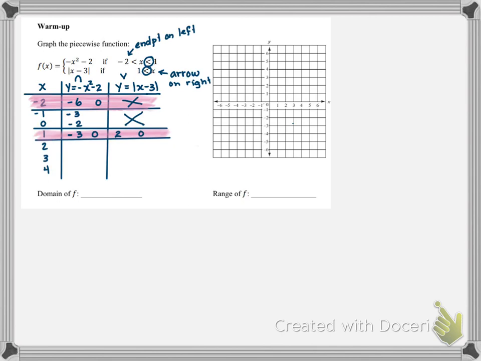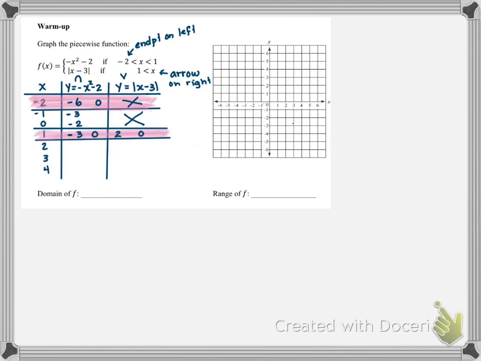We can't have two closed points, right? Because that would mean that I have 2 y values corresponding to the same x value, but it's okay to have no y values corresponding to the same x value. So you can have as many open points as you want, but we can't have multiple closed points for the same x value. So then when x is bigger than 1, which rule should I use?